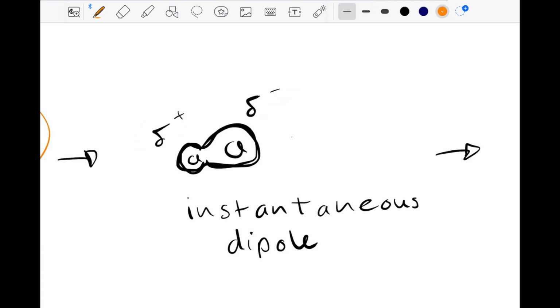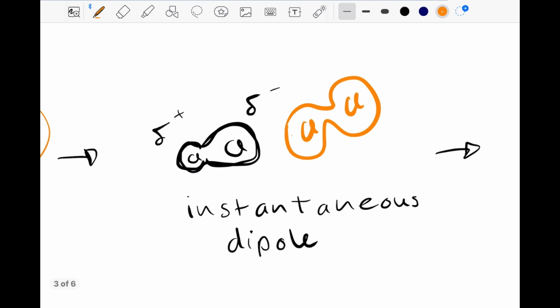And this creates an instantaneous dipole where we have a slightly negative charge and a slightly positive charge on either side. Now, this is an instantaneous dipole, but what this also causes is an induced dipole on the neighboring molecule, because if you have a completely neutral molecule next to it, the electrons here will sense the negative charge and will move away from it, creating a slight negative charge here and a slight positive charge here.